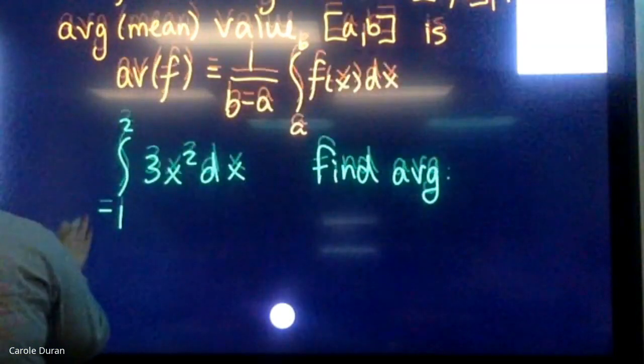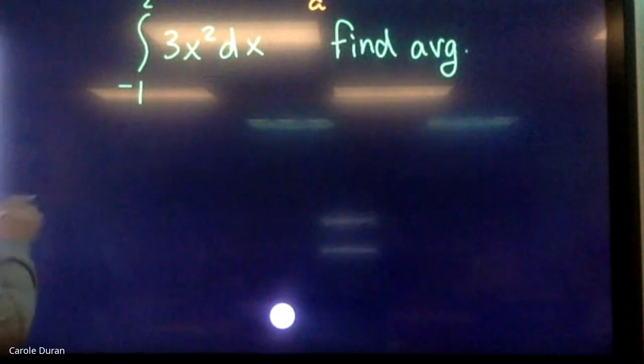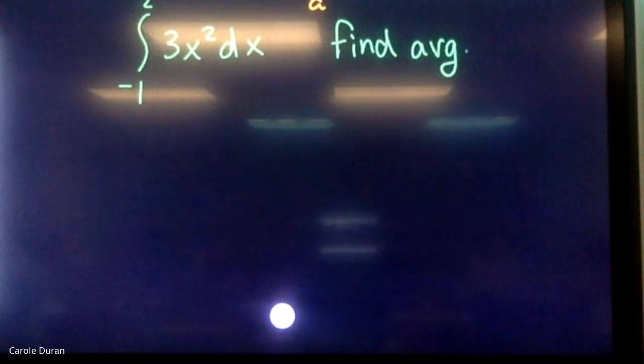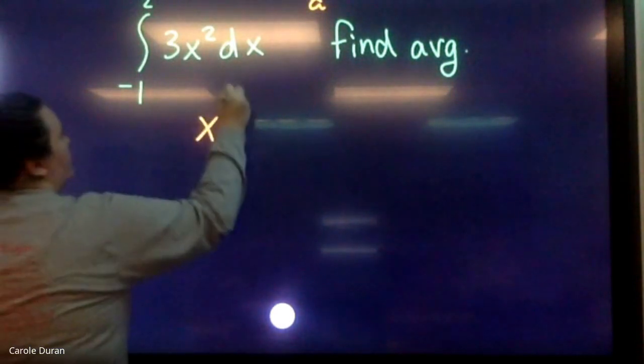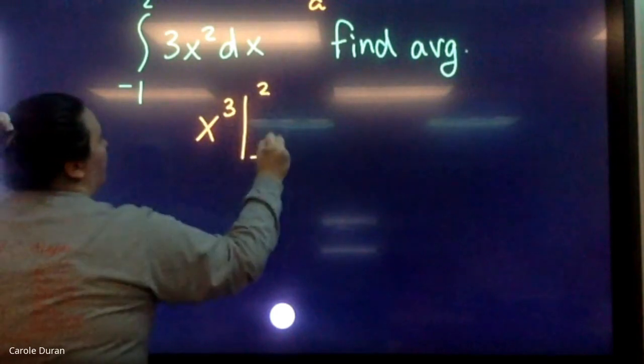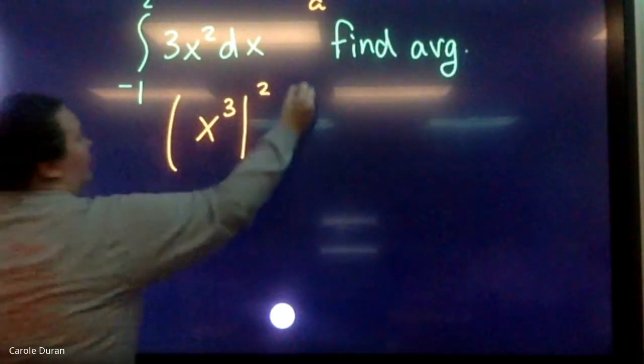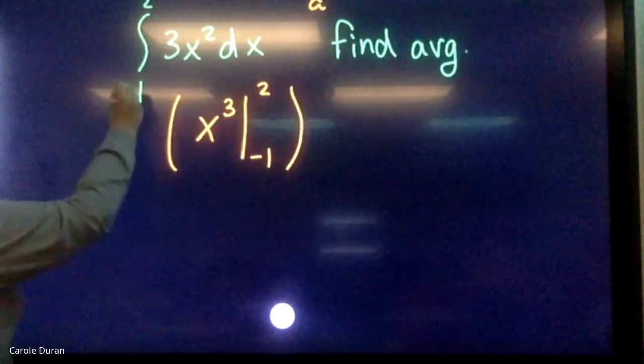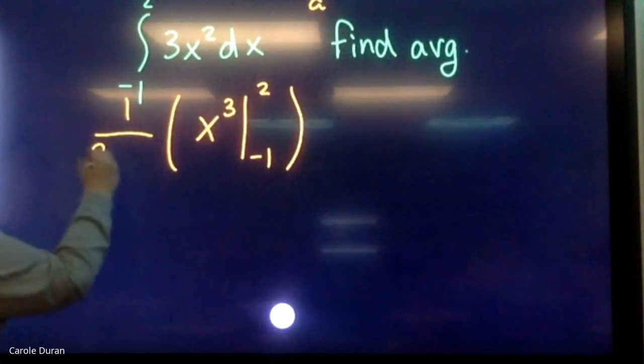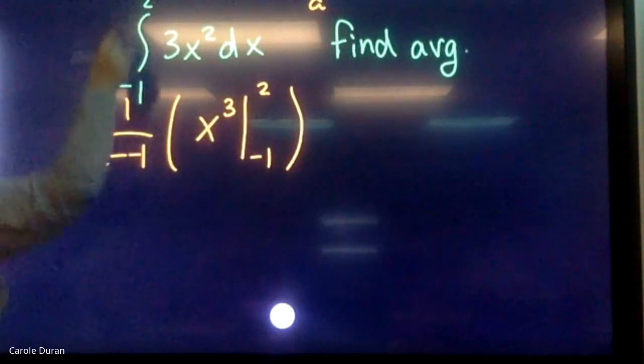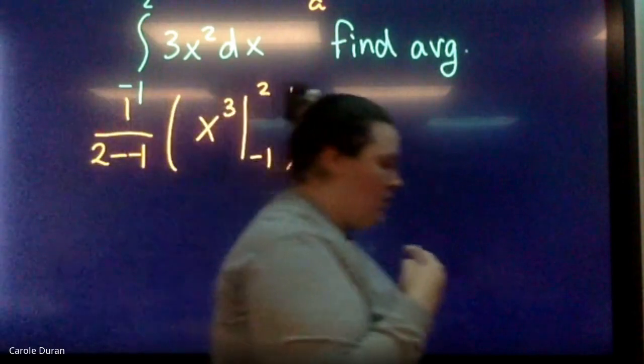I know the antiderivative of 3x squared comes out to be what? X cubed. So I take x cubed, I solve it at 2 and negative 1, and then I take that answer and I multiply it by 1 over 2 minus negative 1. So top interval minus bottom interval.